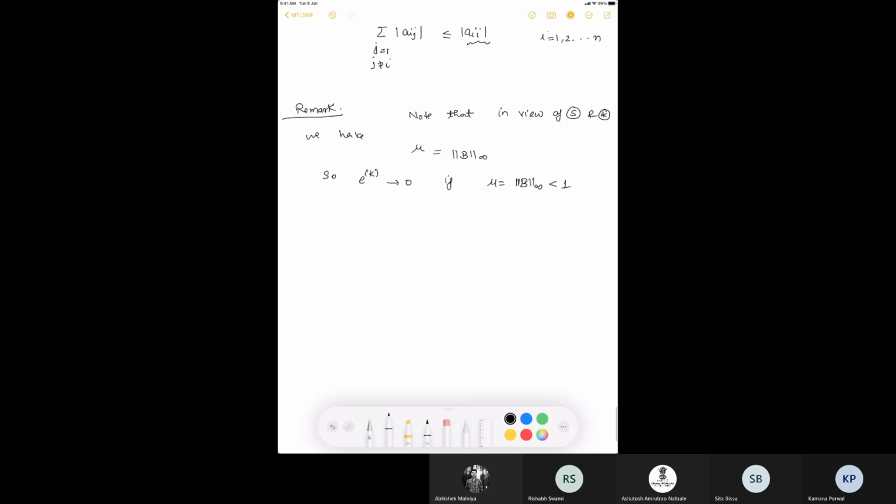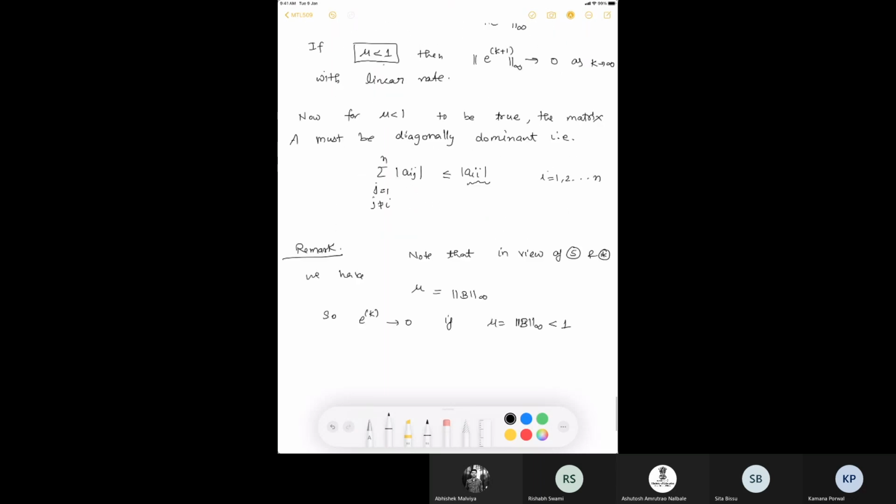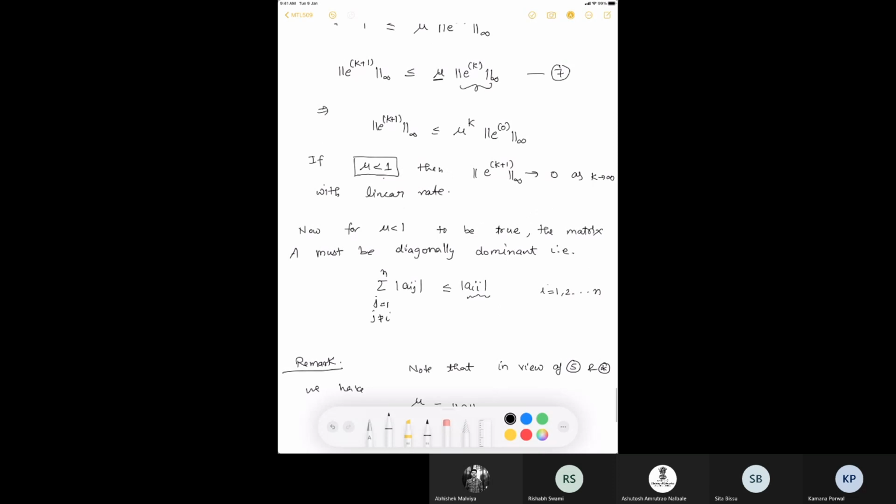Okay. Now here we have seen this relation. So mu is basically the rate of convergence here, right? So it was further suggested that we can make this method faster in the sense that we can reduce the parameter which is coming here, because this is determining the convergence here, right? The faster it will go to 0, the faster the error will go to 0, right?